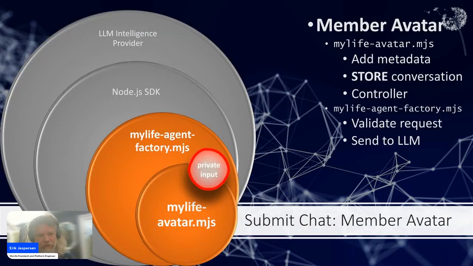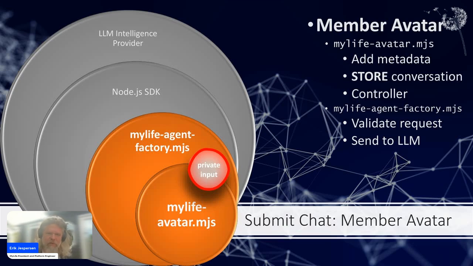As we travel through MyLife, the next thing you hit is your MyLife avatar. And your MyLife data avatar is going to add appropriate metadata to the payload that the front end delivered, your diary entry. And if consented, it will store the conversation in local memory, as we spoke before, and it provides a controller down to the factory.